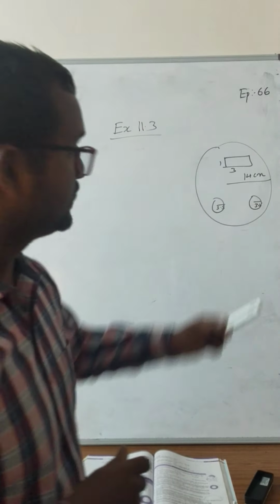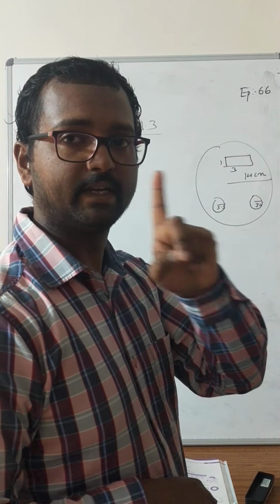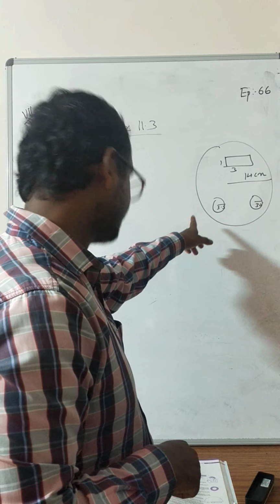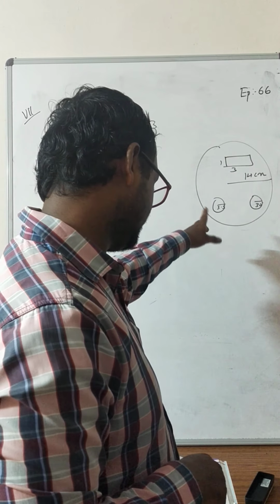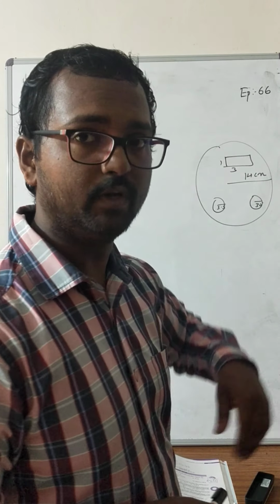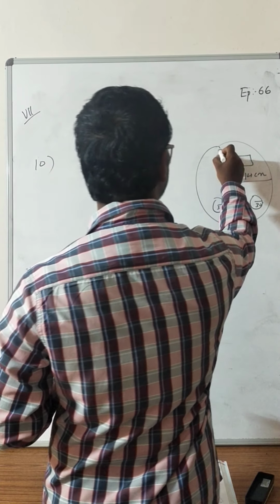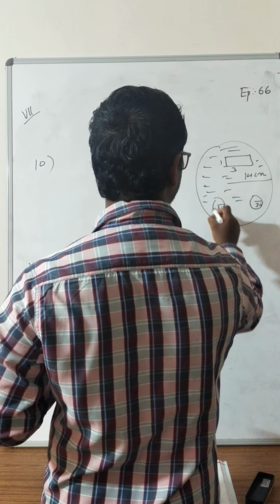So from this entire big circle, we are going to remove two small circles and one rectangle. Two small circles have a radius of 3.5 centimeter and the rectangle has a length of 3 centimeter and the breadth of 1 centimeter. This much is removed. The question is, then what is the area of the remaining sheet? So they are talking about this area.